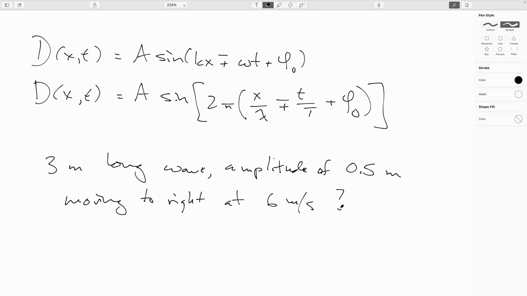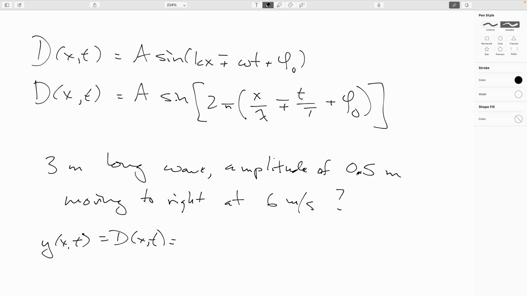How would I represent that as a function here? So I can say y of x and t, or just using our more generic capital D for a wave displacement. I can go ahead and put that in.